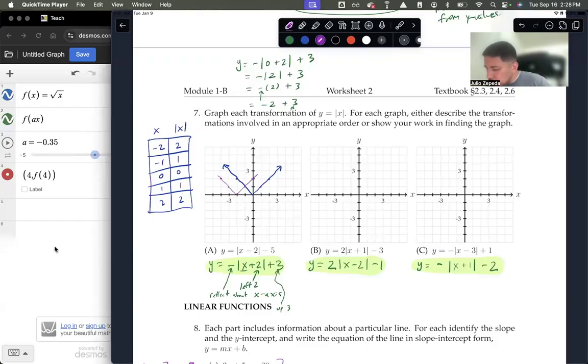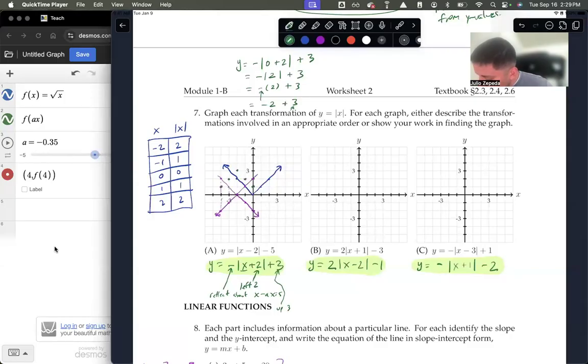Reflect about the x-axis is going to reflect each of these points, looking something like this. And then finally, up 3 units. If I move it up 3 units, I'm going to put this in green now. 1, 2, 3. 1, 2, 3.